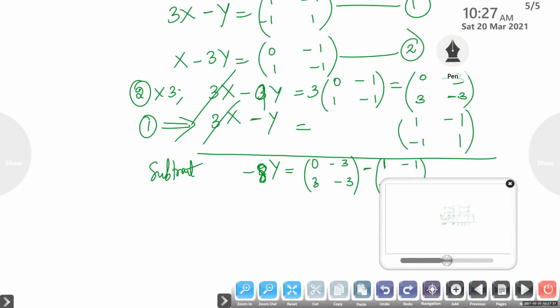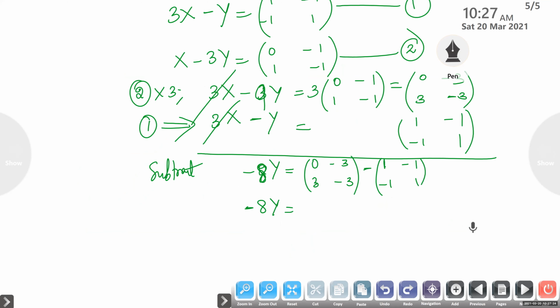So next step, minus 8y is equal to 0 minus 1, which is minus 1. Minus 3, minus of minus 1, so minus 3 plus 1 will get 2. 3 plus 1, 4. Minus 3 minus 1, which is minus 4. Therefore, what is y?